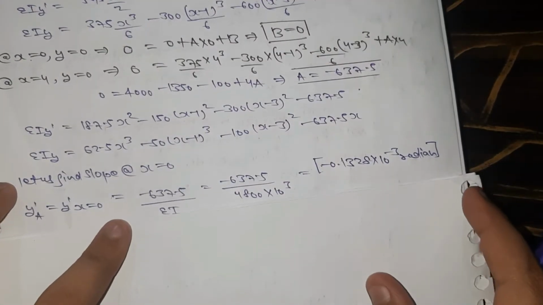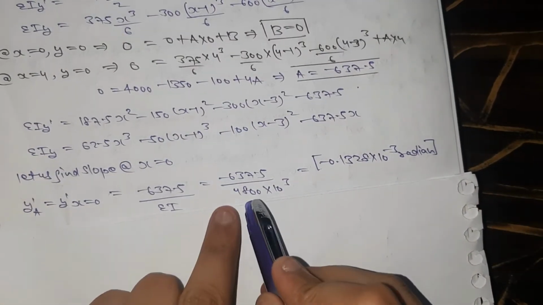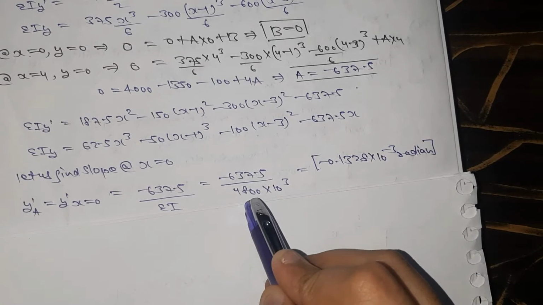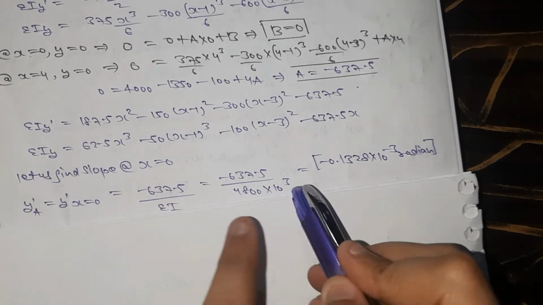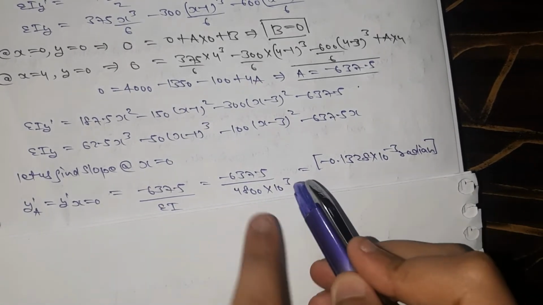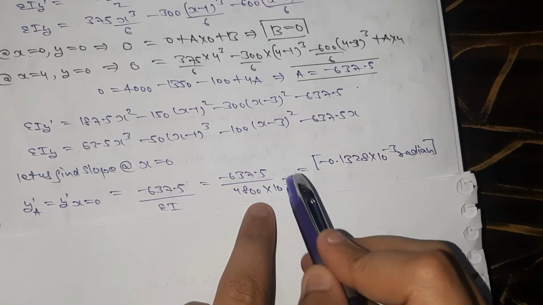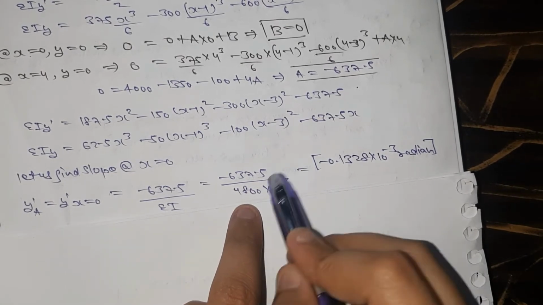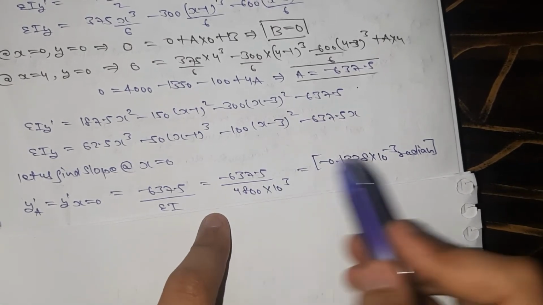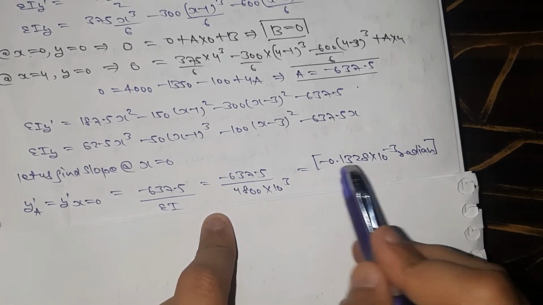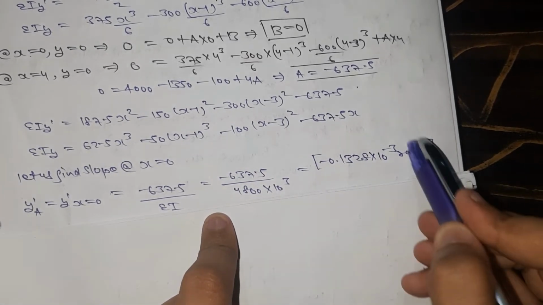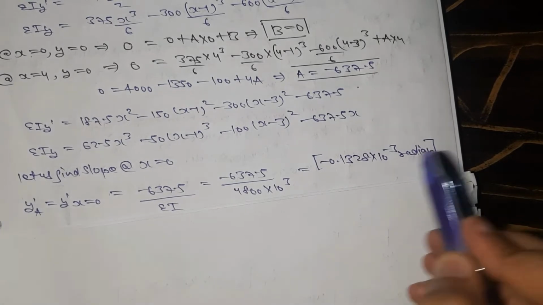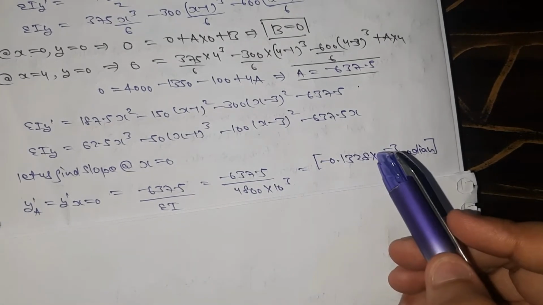I have converted kilonewton meter square into newton meter square, that's why I multiplied with 1000. If you calculate this whole value, you will get minus 0.1328 into 10 to the power minus 3 radian. Definitely, guys, what does this negative signify to us?